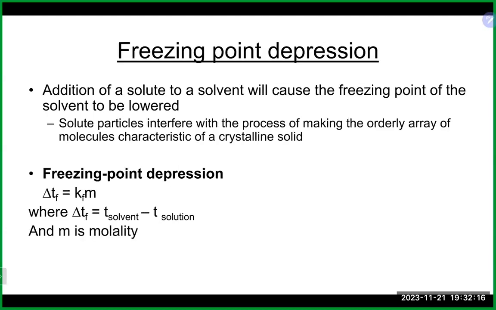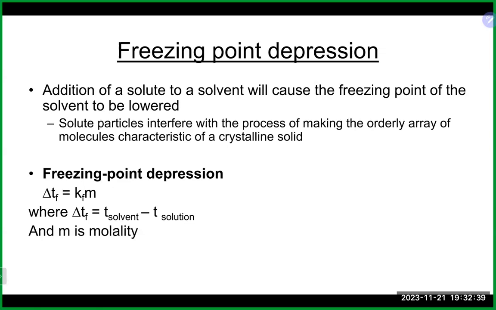Another colligative property is freezing point depression. As I mentioned before, the presence of these solute molecules will get in the way of the process of molecules coming together to freeze, because there's lots of other things in the way. The effect is a depression, which means the freezing point temperature will be lower than it is in the pure solvent.